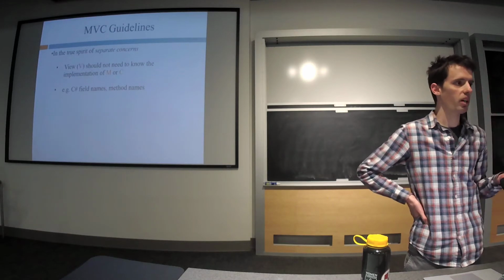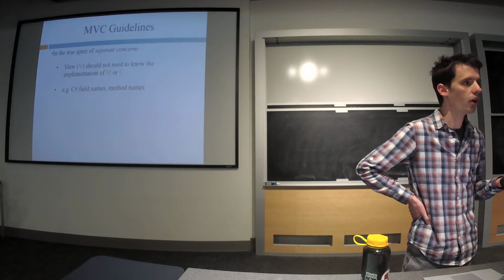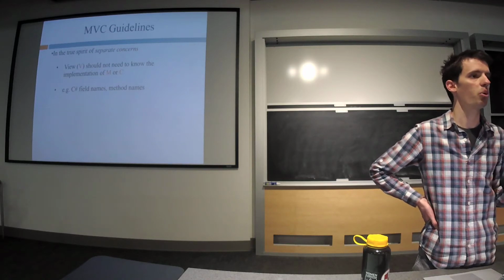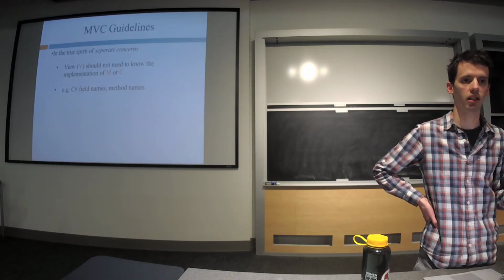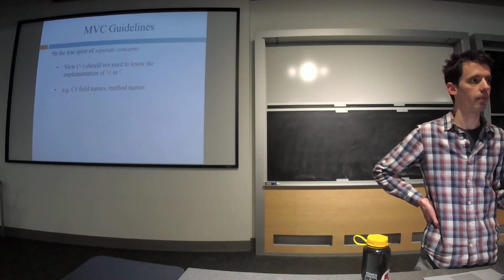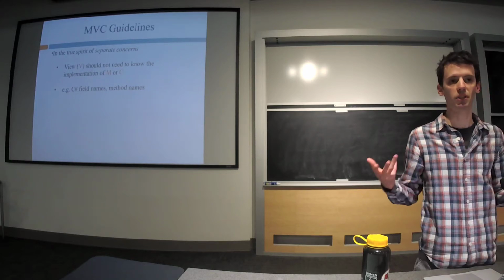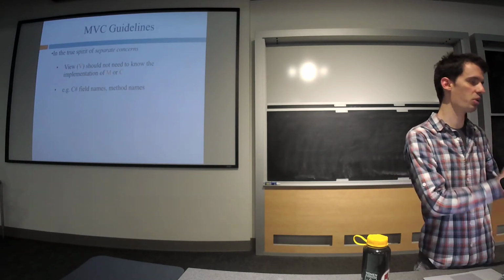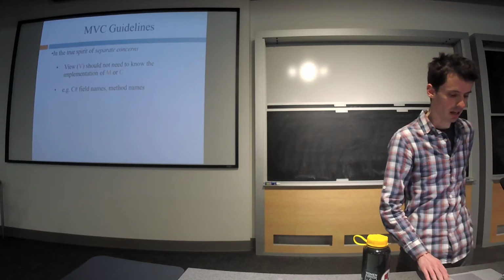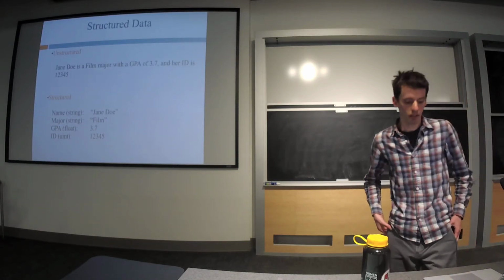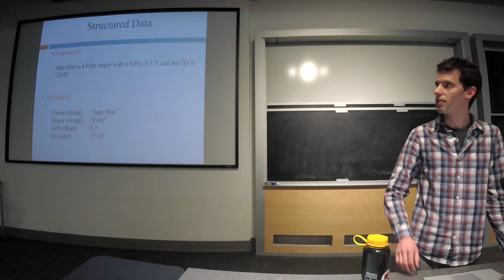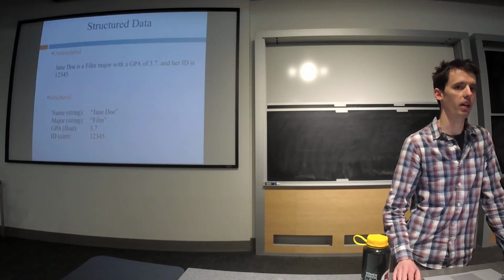So in the true spirit of MVC, the view should not know the C# or the source code implementation of the model or controller. What this means is we need some standard interface now. It needs to know something, obviously. It needs to know it's displaying chess players. The solution to this is actually a slide from the very first day of class where we were talking about the relational model.